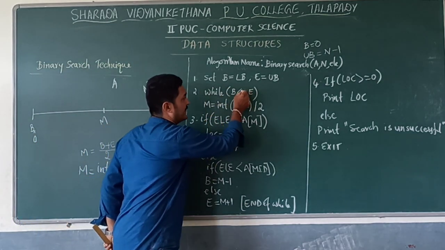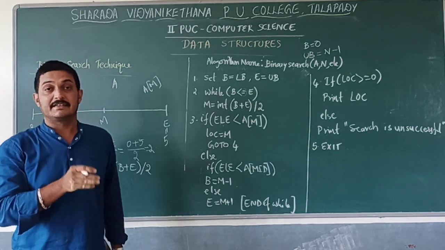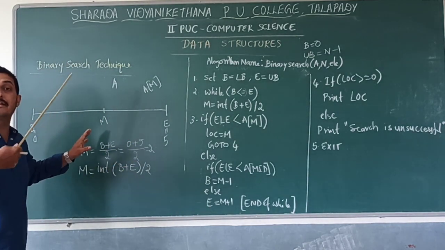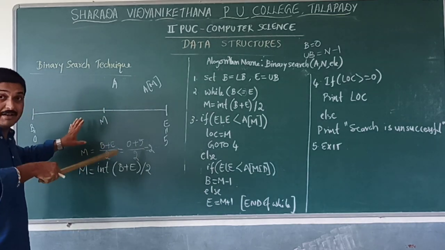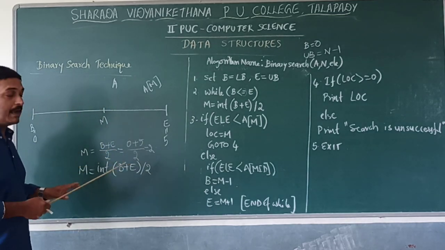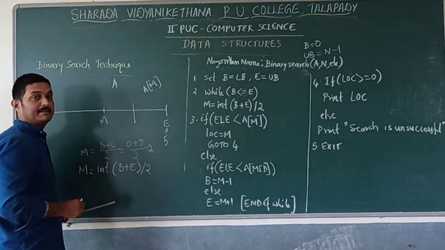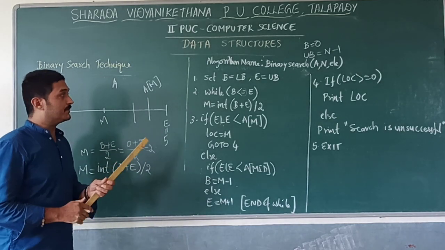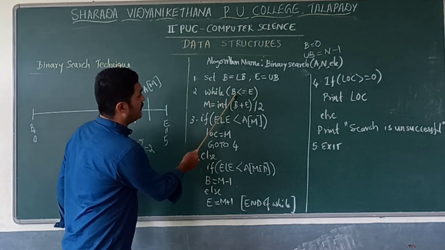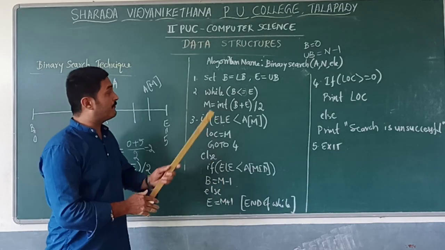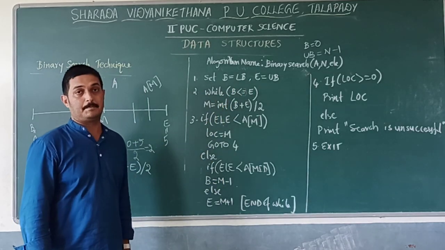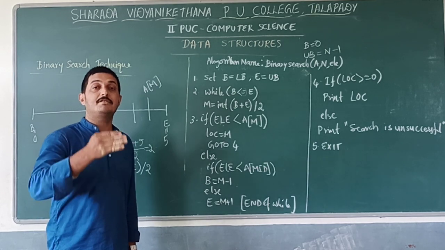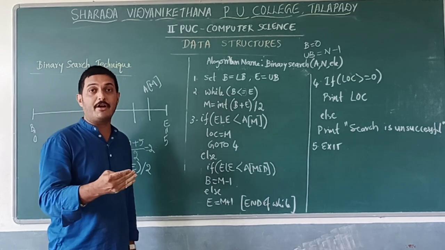The purpose is that we are dividing the given array into two halves, and repeatedly dividing it again into two halves. Sometimes b is equal to e; in some situations the beginning point, end point, and mid point are all the same.